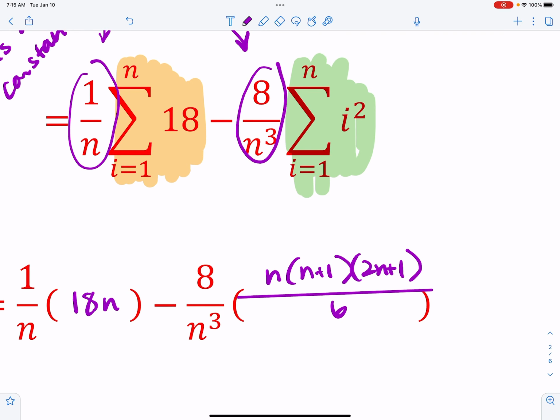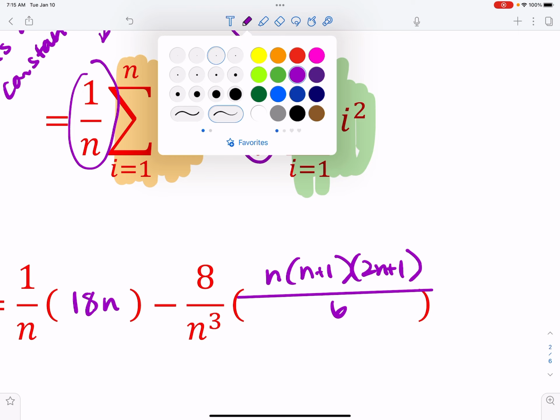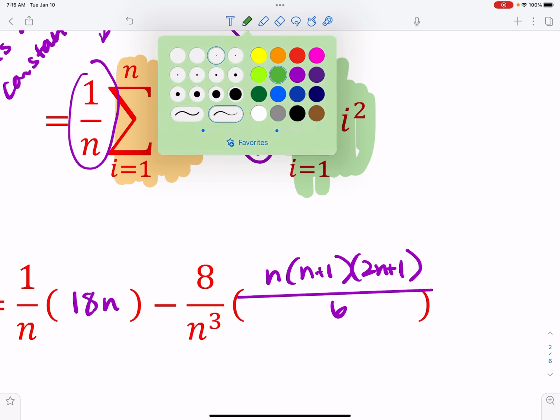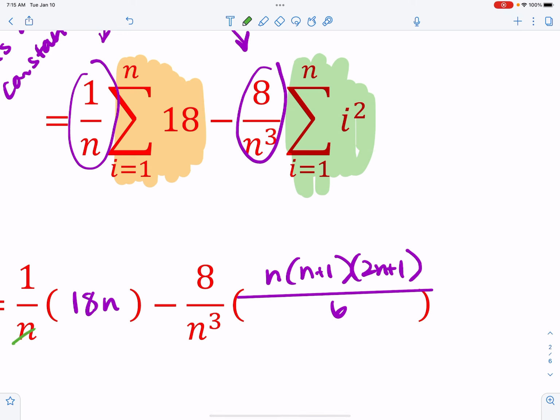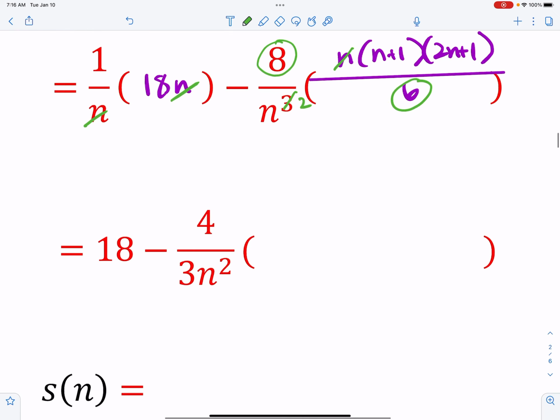And then to simplify this a bit, I'll use green. We can divide those n's out. This n will cancel with one of these n's. And then 8 over 6 can become 4 over 3.